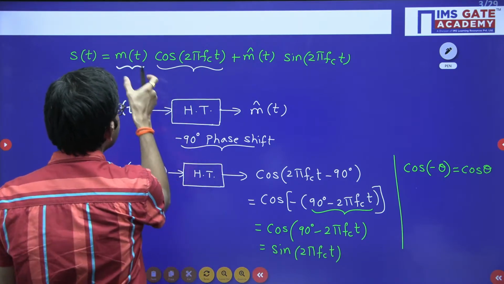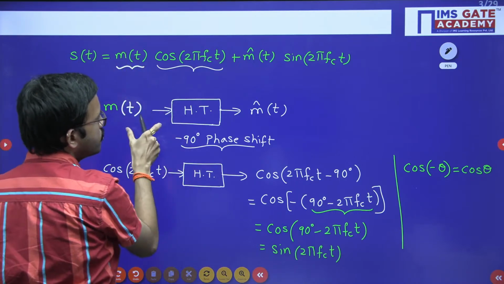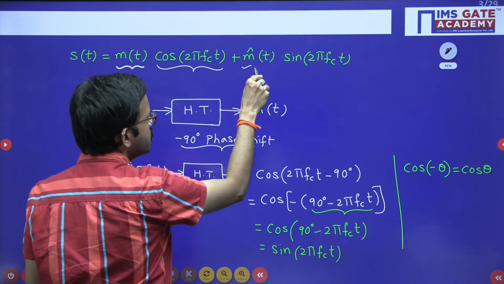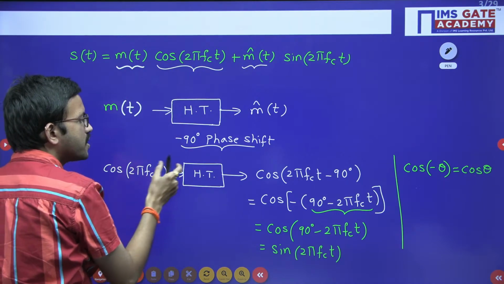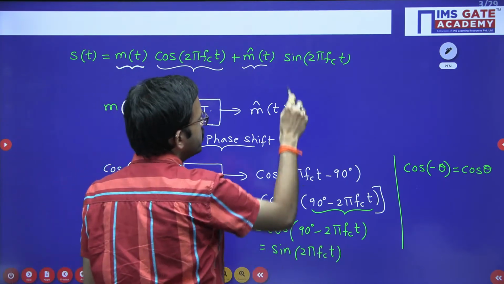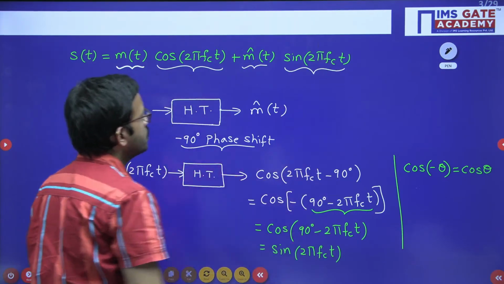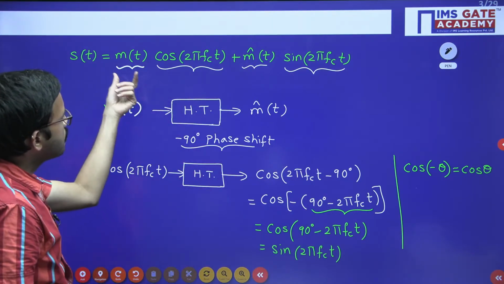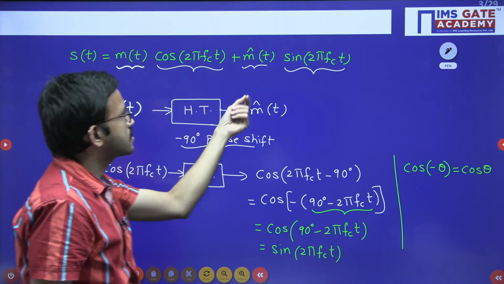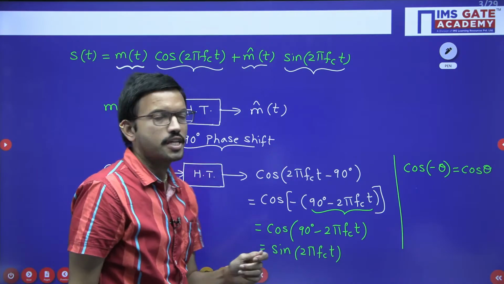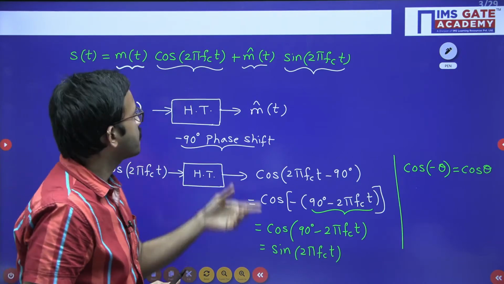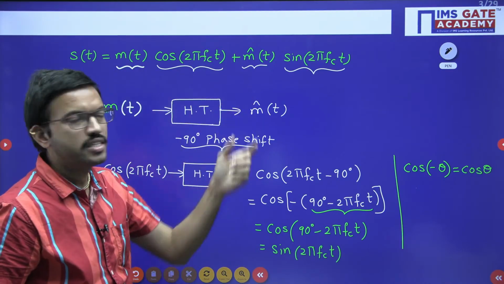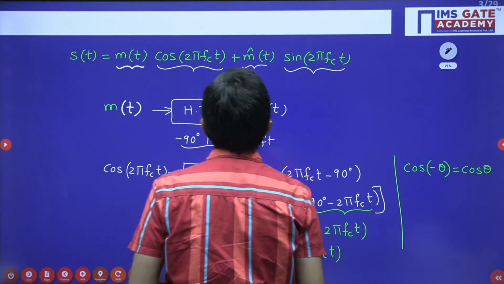Right. So for message signal m of t, after you are passing through Hilbert transform, you are going to get m cap of t. And similarly the carrier signal cos 2 pi f ct, when you are passing through Hilbert transform, you are going to get sin 2 pi f ct. So that means here you are having m of t into cos 2 pi f ct plus m cap of t into sin 2 pi f ct. Right. So if you recall the SSBSC concept, this particular given equation is nothing but your SSBSC signal.